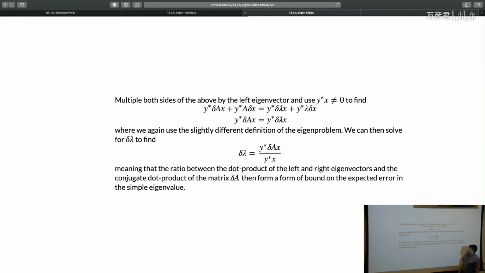And then I can solve for delta lambda based on delta A. So if I perturb A, it's going to perturb the eigenvalue a little bit. Now, the statement is just basically saying if A changes a little bit, then the eigenvalue is going to change a little bit, except based on what y star x on either side of this thing is doing, but even more importantly, this. So we can see if this was close to 0, this is going to blow up.